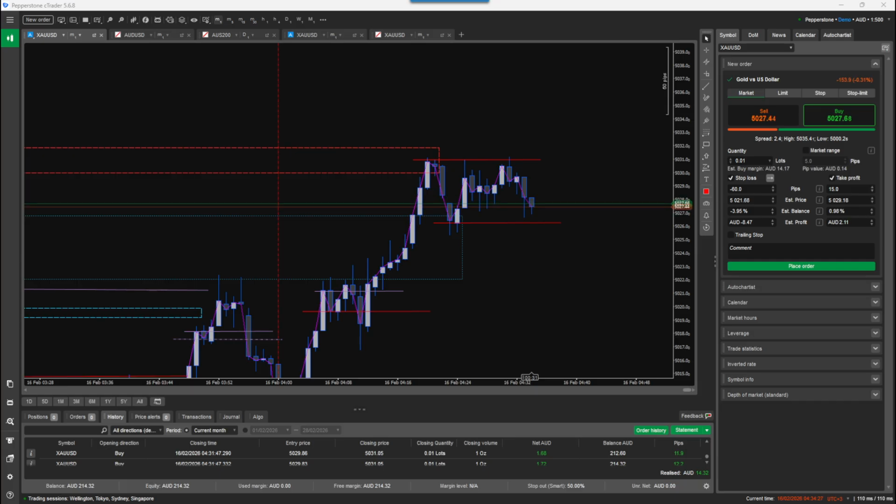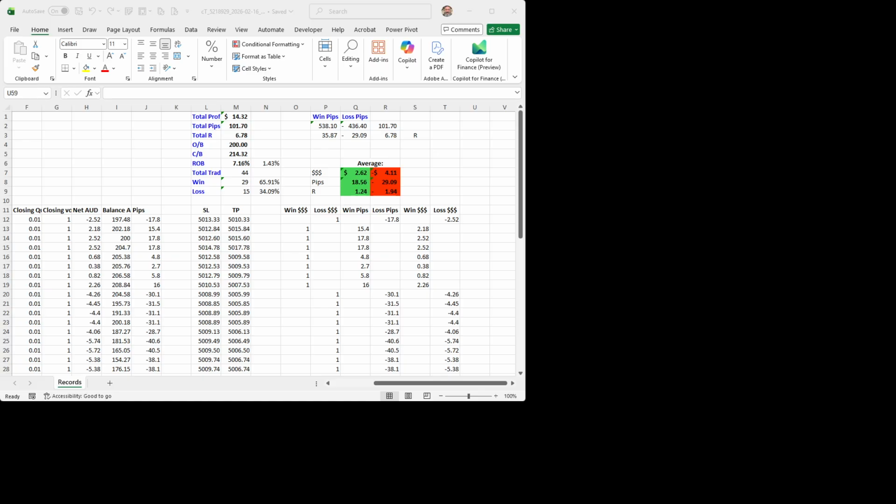So we're looking at, maybe, I'm not sure which one we're looking at here. We're currently sitting on $14.32 profit. There's 101 pips, 6.78. That's a 7% return on the $200 we started with today.